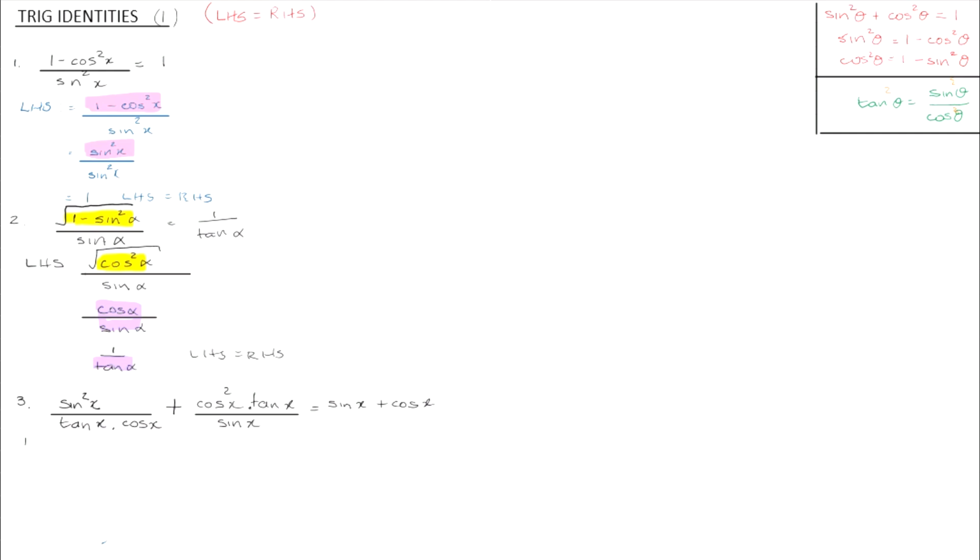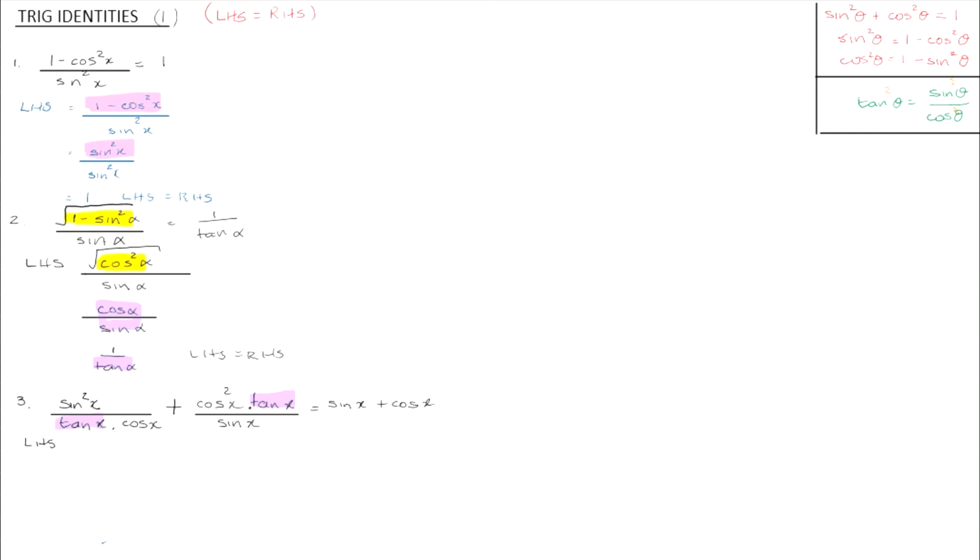Right, we're going to work with the left-hand side because it is far more complicated. I also see that I have a tan here and a tan there, so I'm going to use the formula tan is sine on cos.